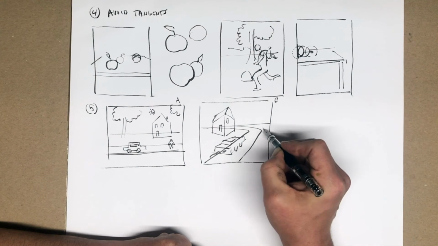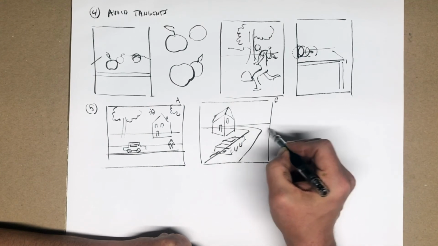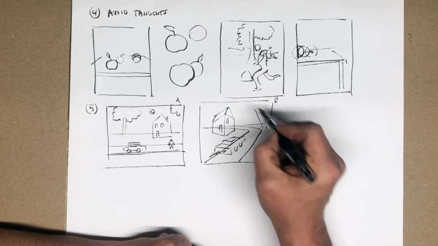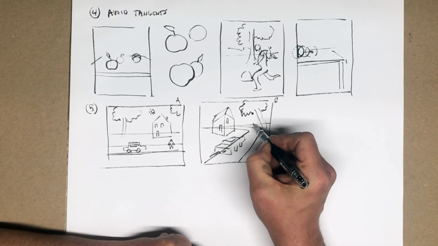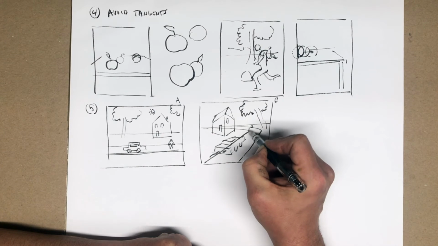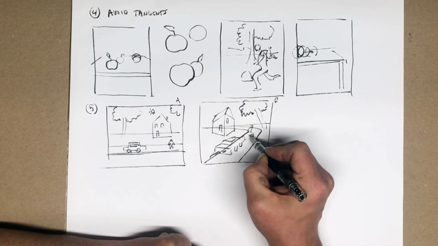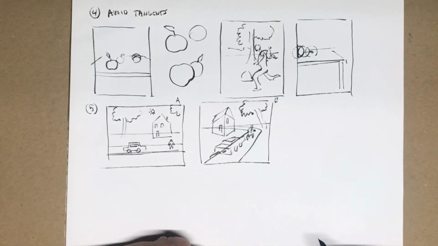And then our tree, where should I put the tree? Let's do this. Is doing this, and then our guy is doing the 100-yard sprint because his ex-wife is in the car.